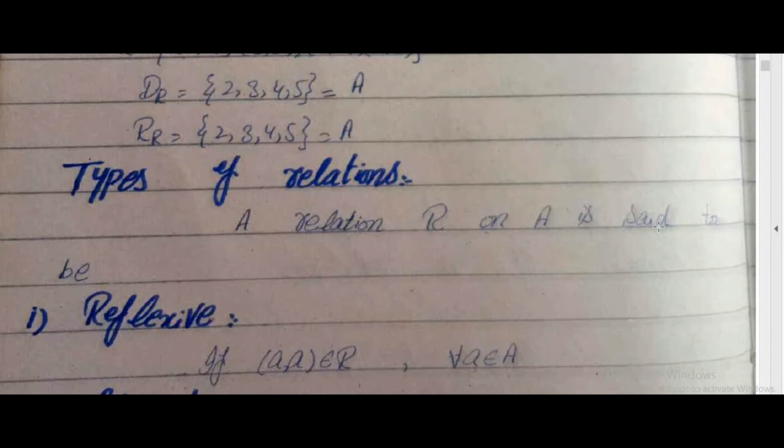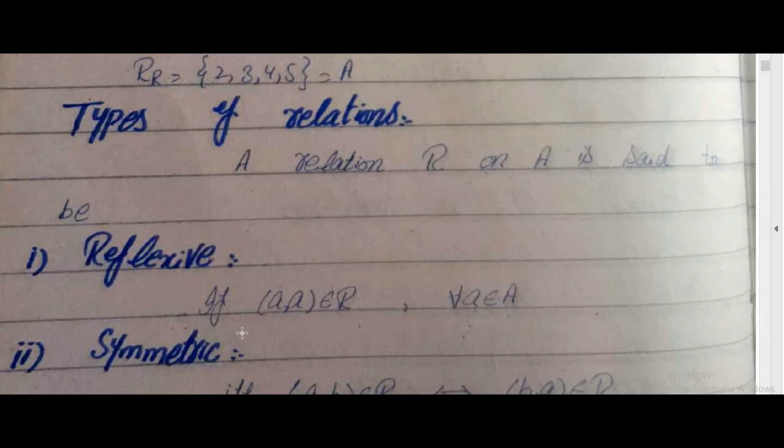A relation R on A is said to be reflexive if a is related to a. If pairs like (2, 2), (3, 3), (4, 4) of the Cartesian product belong to the relation, then we say that this relation is of reflexive type.